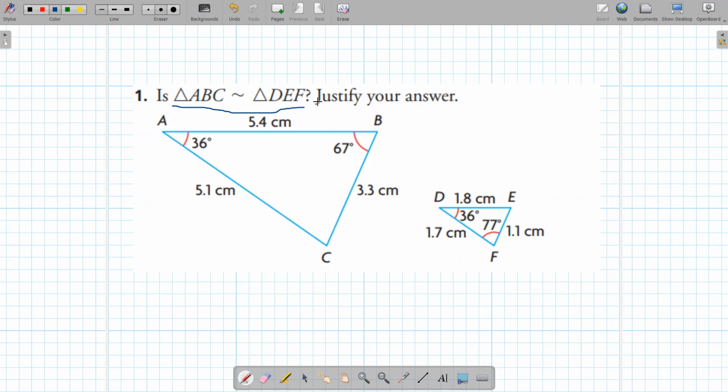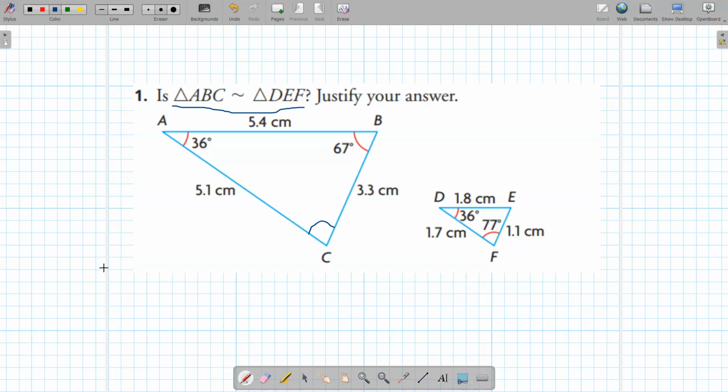Two angles must be the same, okay? If this is 36, this is 67, what's the angle down here? 87? Right.